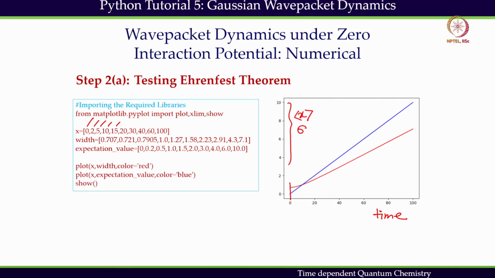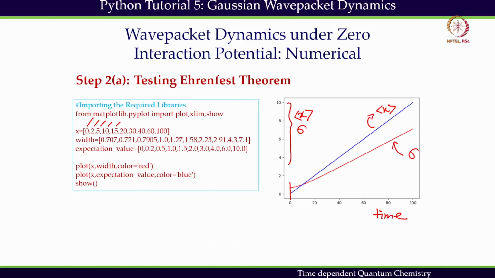So both are represented. At the starting point, this part is the width and this is representing the sigma. This is the width and this is the expectation value.